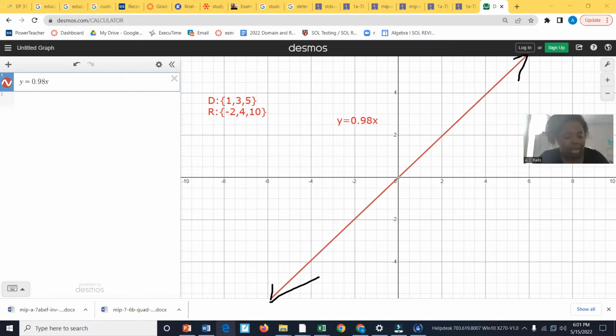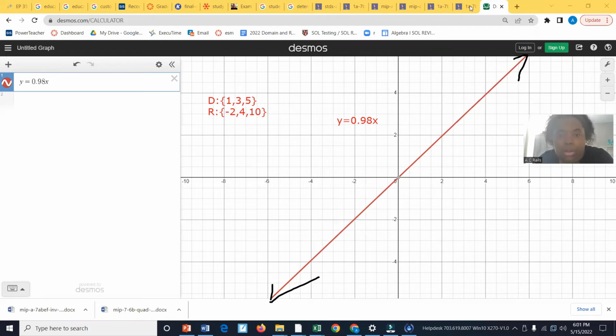Because it is a line that is not vertical or horizontal, it's going to go forever in those directions, infinity and negative infinity. So you have what is called all reals.